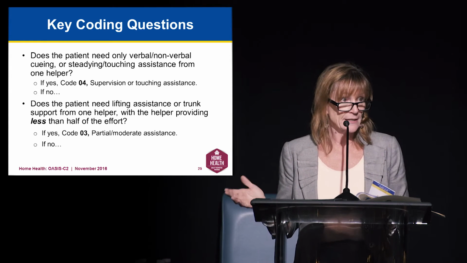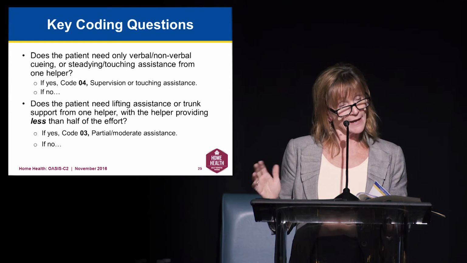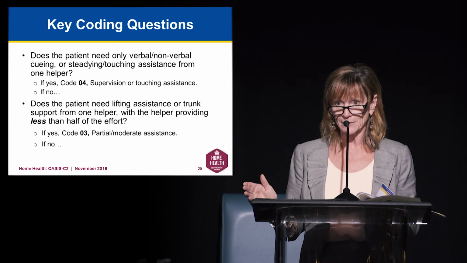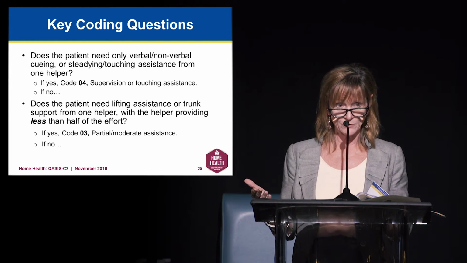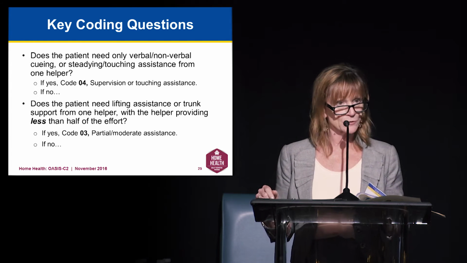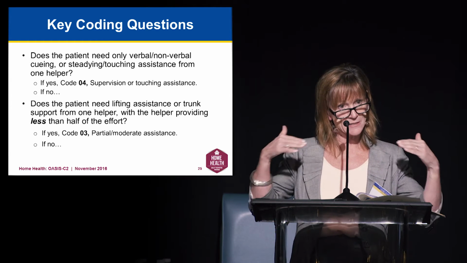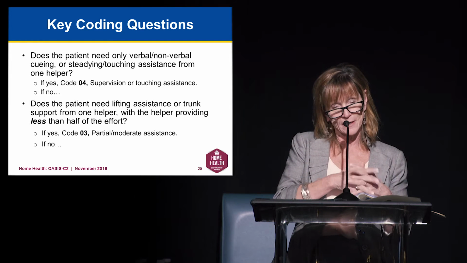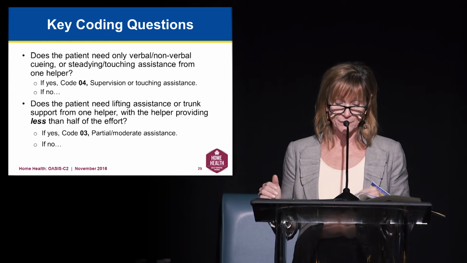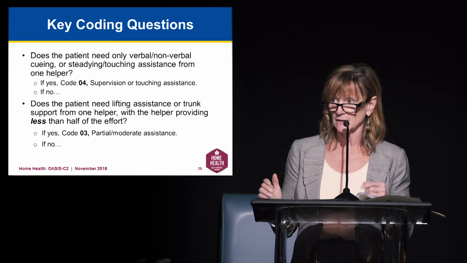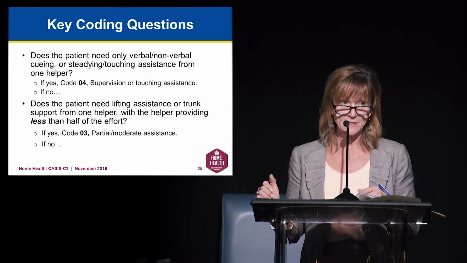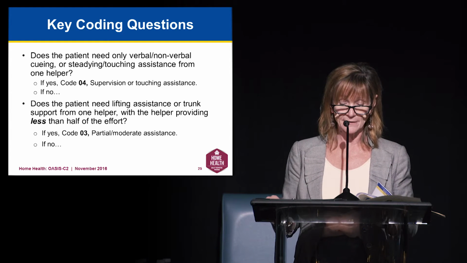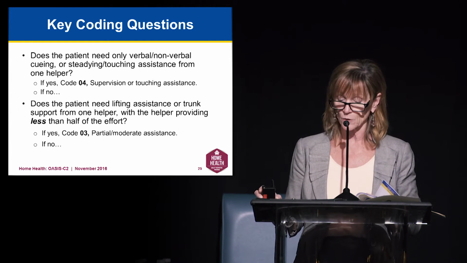The next key questions are about more than half the effort or less than half the effort. This is a key area that you're going to need to really talk with your nurses about and help them to internalize this way of gauging whether it would be a score of 3 or 2. For 3, again, as we talked about, is it less than half the effort? If it's less than half, so the patient is doing more of the effort, then the nurse would say, yes, it's a code 3.